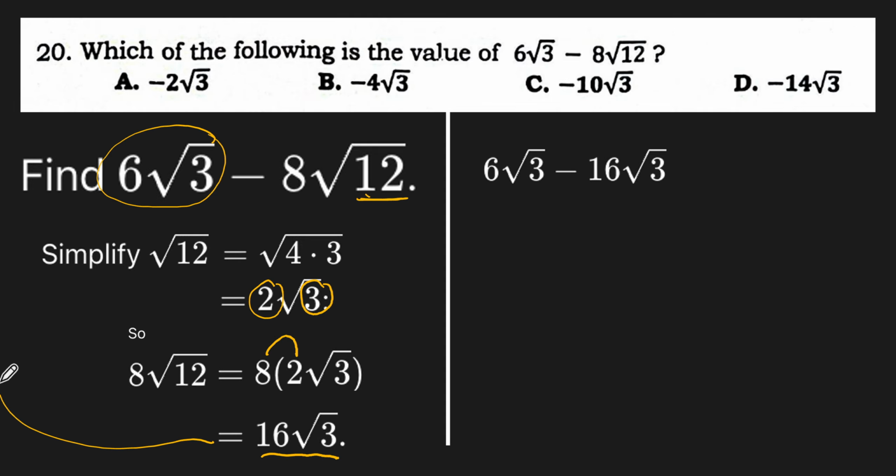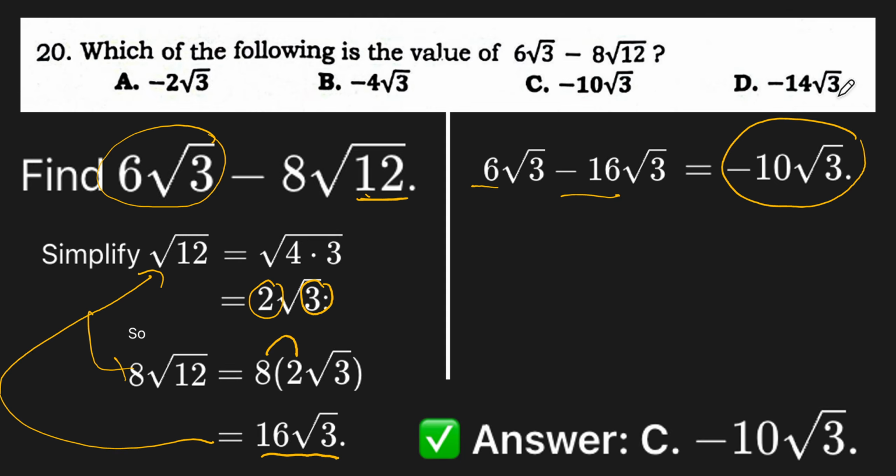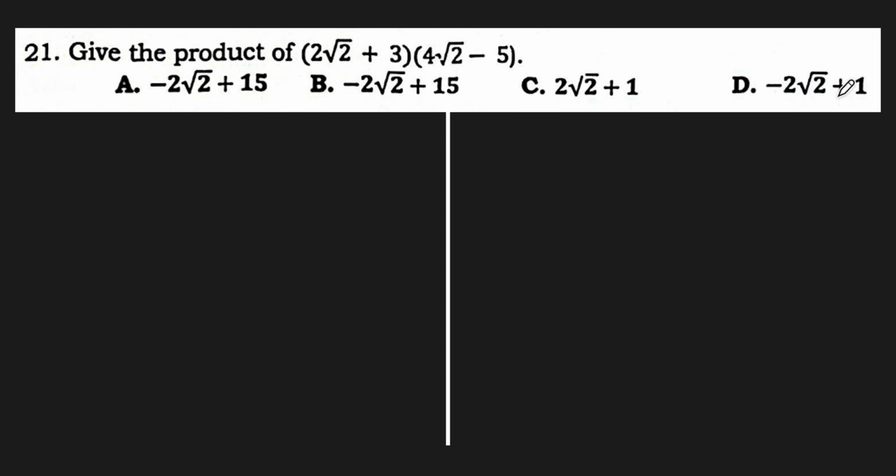Since they have the same radicals and radicand, we can simplify them. 6 minus 16 is equal to negative 10 square root of 3. The answer would be letter C.